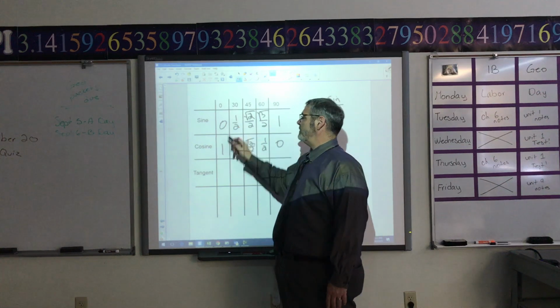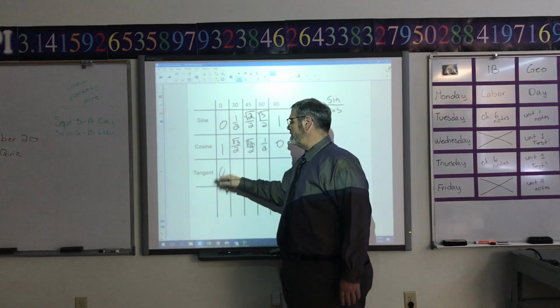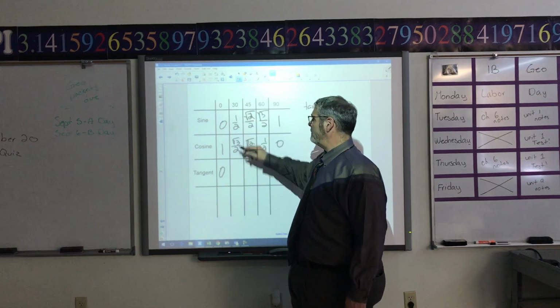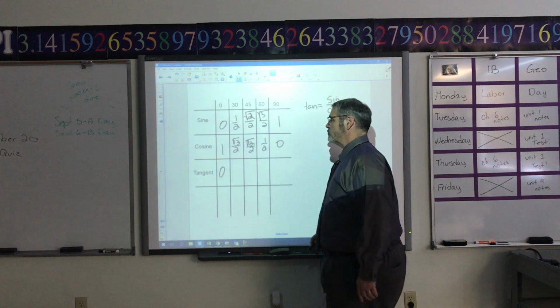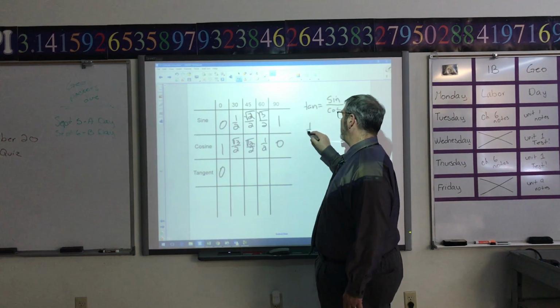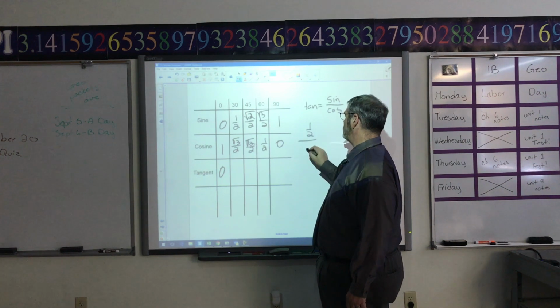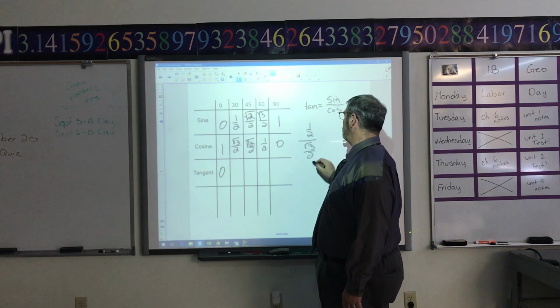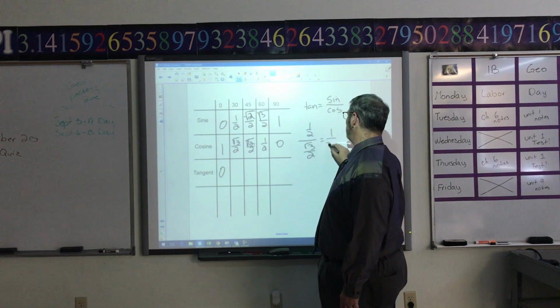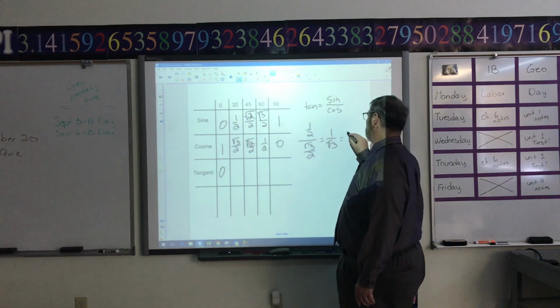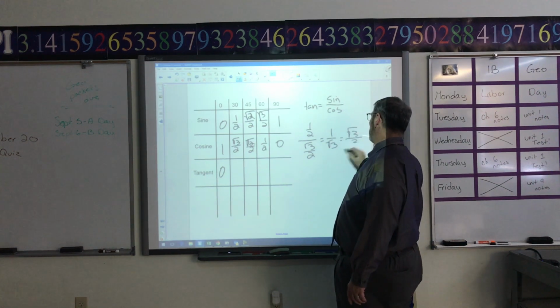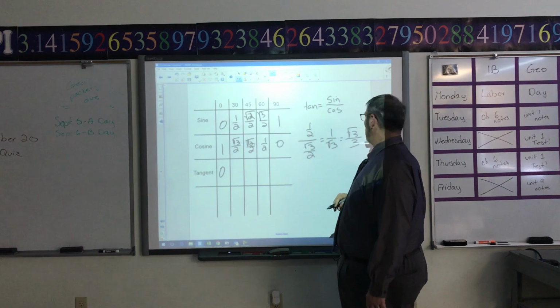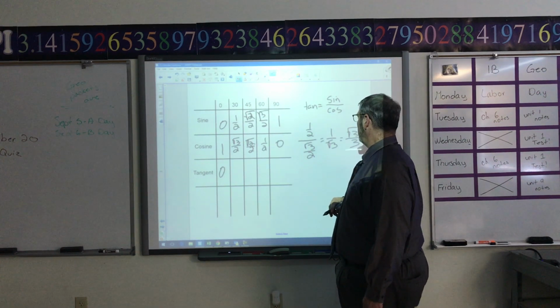So if I divide 0 by 1, I get 0. If I take 1/2 divided by square root of 3 over 2, this gives me 1 over square root of 3, which simplifies to square root of 3 over 3.